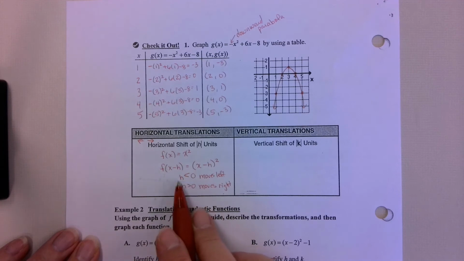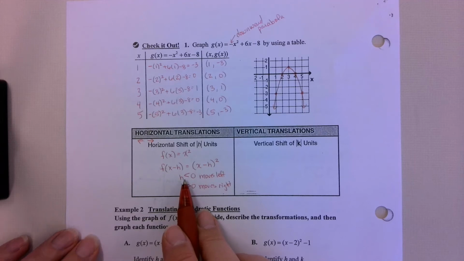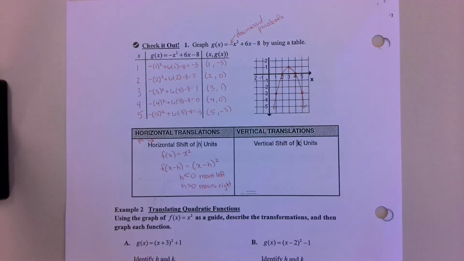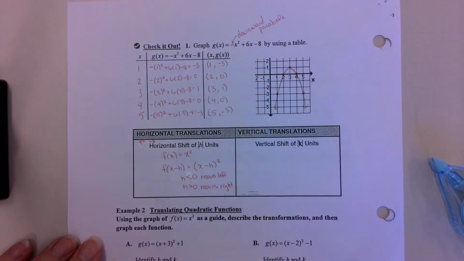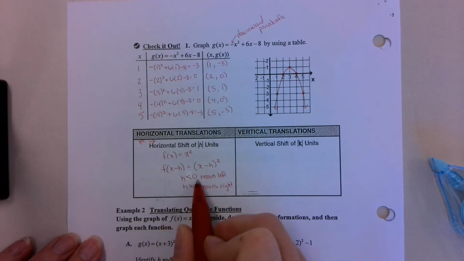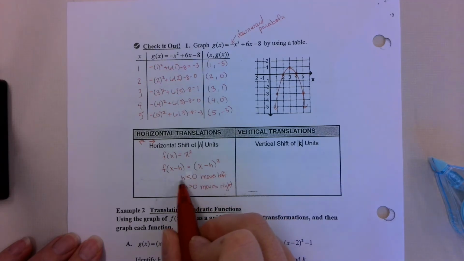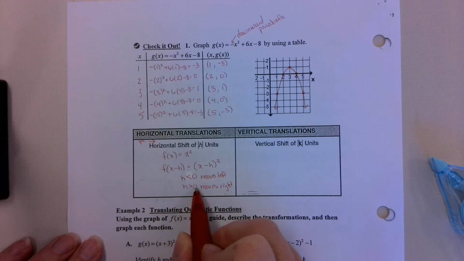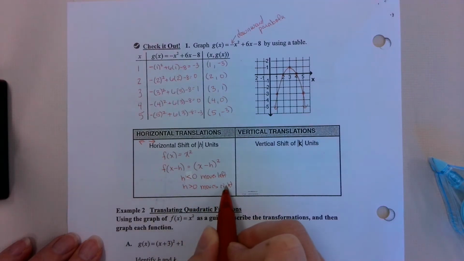If h is less than 0, that's a negative number, and I think I have that backwards. Hold on. Just kidding. I want to talk about this here. So I have that h is less than 0, it moves left, and that makes sense because a negative number would move it to the left. If h is greater than 0, that's a positive number, it moves it to the right.